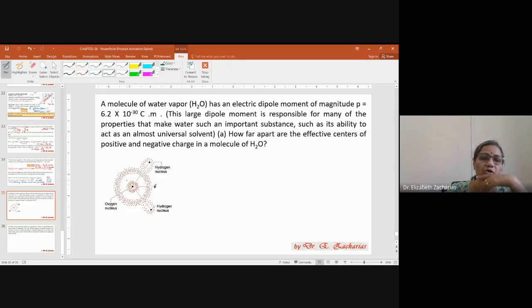So this is your oxygen, and these are your H. Now, the number of protons will be equal to the number of electrons, which will be equal to what for H2O? Anyone? How many electrons will be contributed by the oxygen?